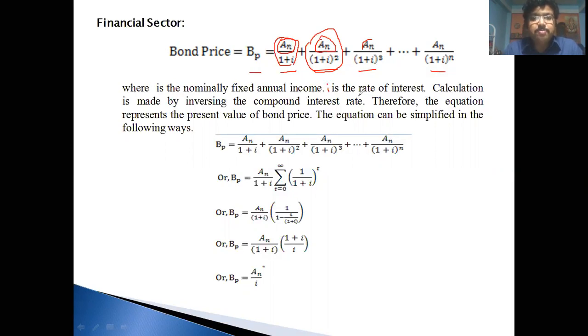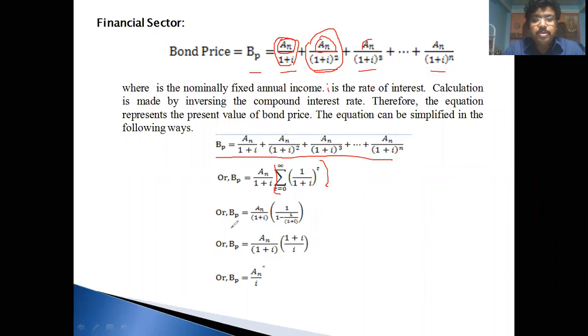The equation can be simplified in the following way. Look, this is the bond price, the present value of the bond price, and taking AN by (1 plus I) as a common factor, we get this part. The method of solving this part is 1 by (1 minus 1 by (1 plus I)). So this is a mathematical formula on which we have solved this part.